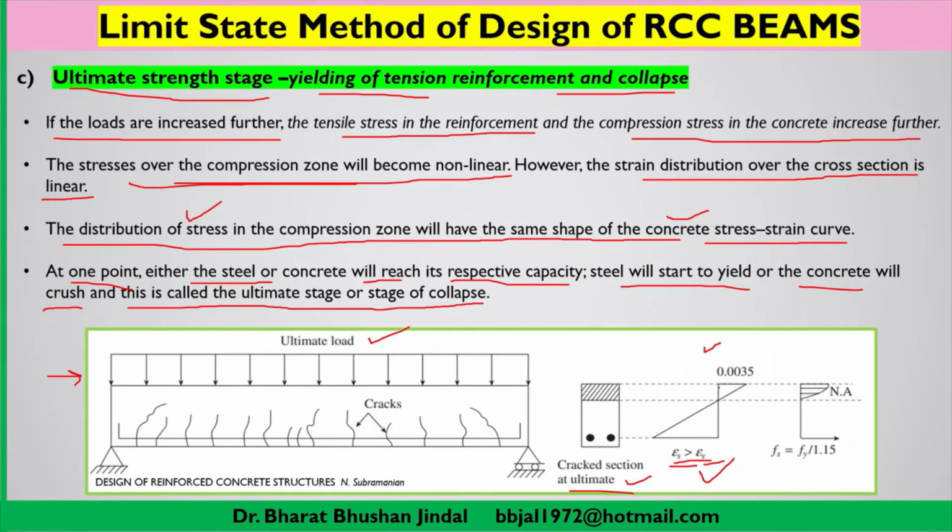And the strain in concrete has reached its maximum limit as per the IS code, which we have considered in the assumptions part. So it is 0.0035.